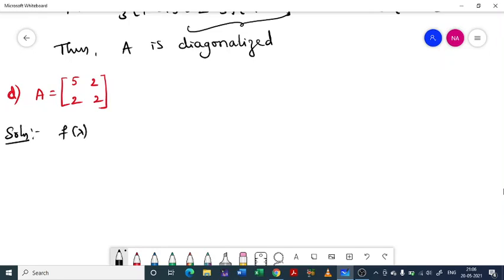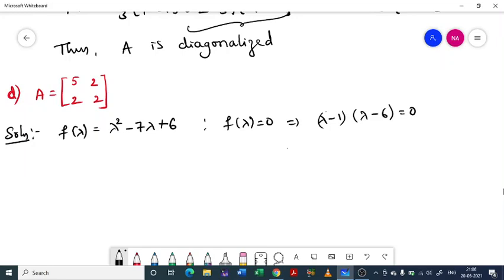The characteristic polynomial f of lambda will be lambda square minus 7 lambda plus 10 minus 4, that is plus 6. So f of lambda equal to 0 implies, factorizing, (lambda minus 1) into (lambda minus 6). That implies lambda 1 equal to 1 and lambda 2 equal to 6.